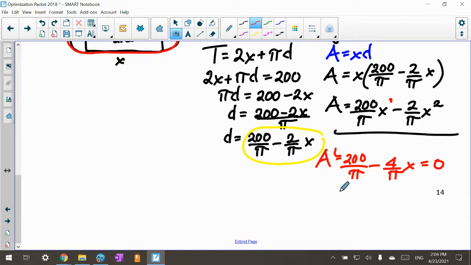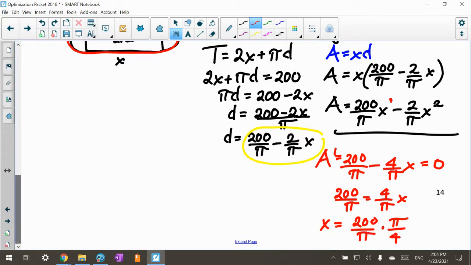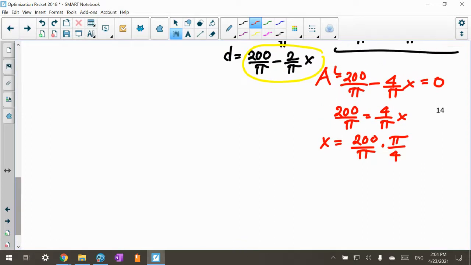So when I do this, I have 200 over pi equals 4 over pi x, okay? And I'm going to solve for x. So x is going to be 200 over pi times the reciprocal of pi over 4, or you can divide by that, but the reciprocal is a lot more fun. And when I do that, look what happens. This is cool. 200 divided by 4 is going to be 50. And so we're talking about meters, so we know x has to be 50 meters.